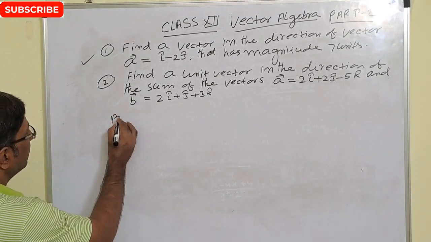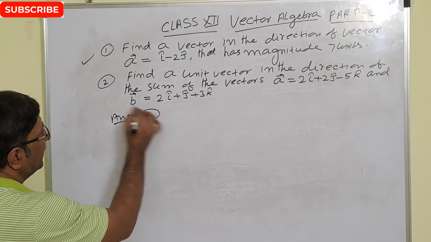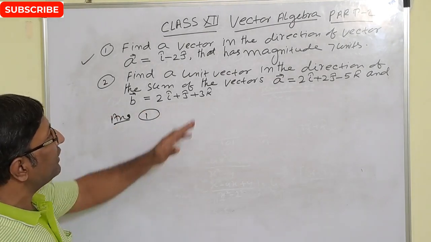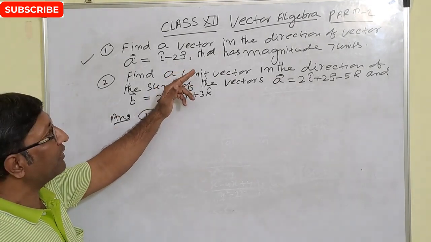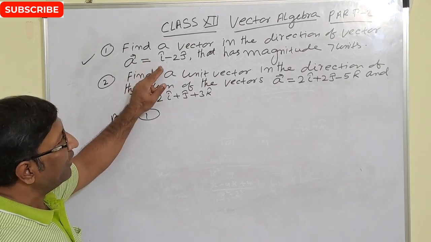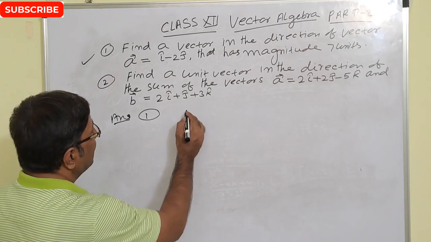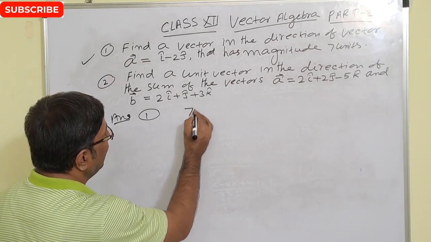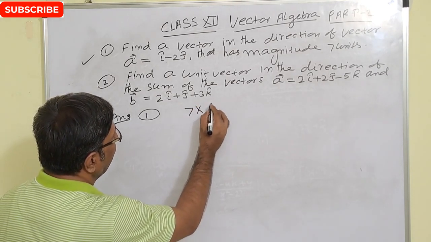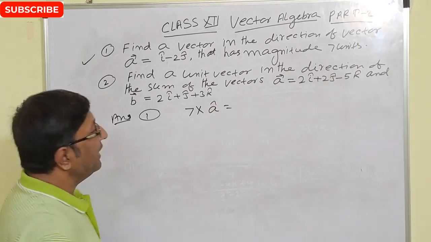See here. What is the basic point of this question? We have to find a vector in the direction of the given vector that has magnitude 7 units. So we take 7 into unit vector A, where unit vector A is denoted by A cap.